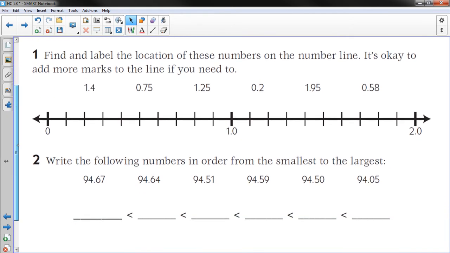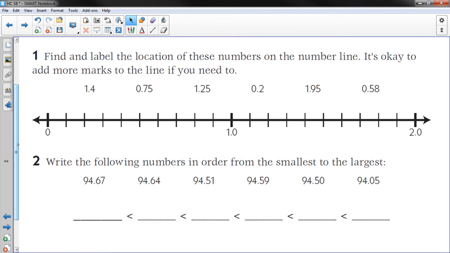Number 1. Find and label the location of these numbers on the number line. It's okay to add more marks to the line if you need to. What I noticed is that it's in decimal form.